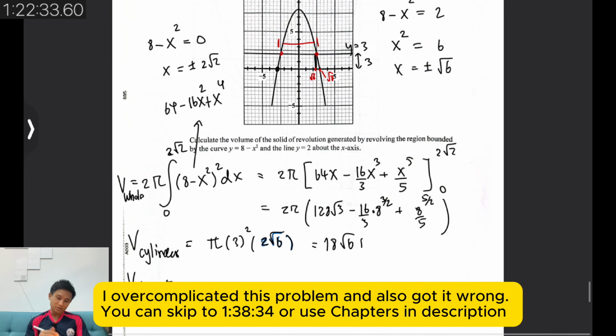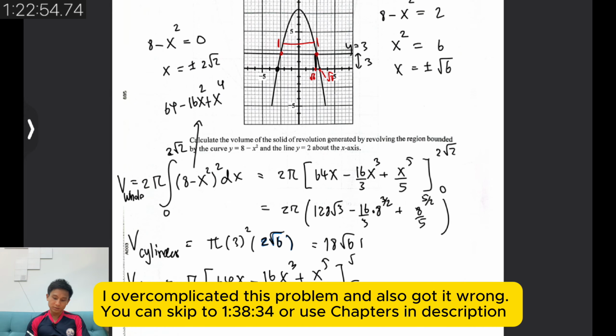It's still going to be this curve, so that's easy. We can already use this. So that's going to be 2 pi. No, not 2 pi, just pi, but then all that, with the bounds of root 6 to root 8, because we revolve from root 6 to root 8.